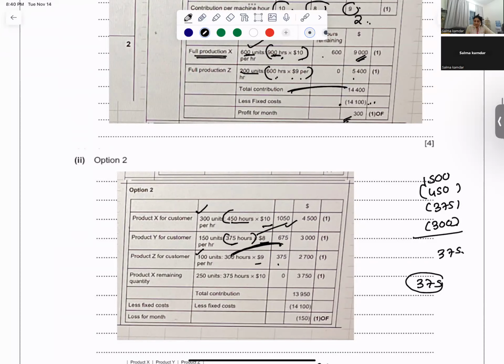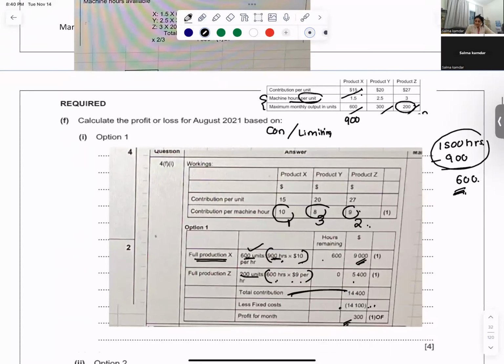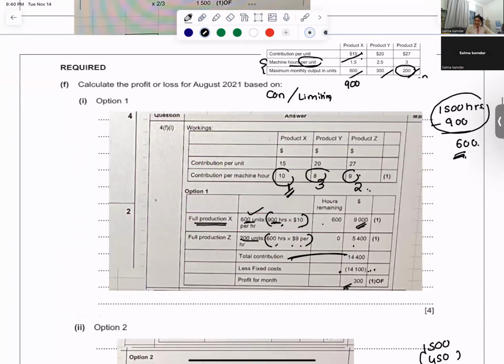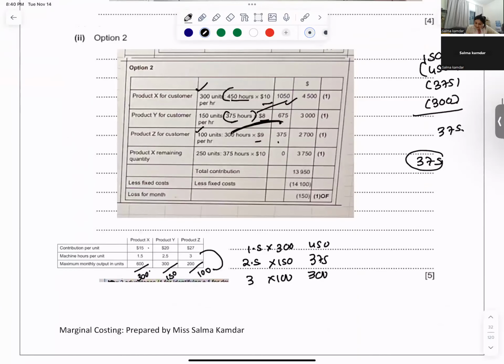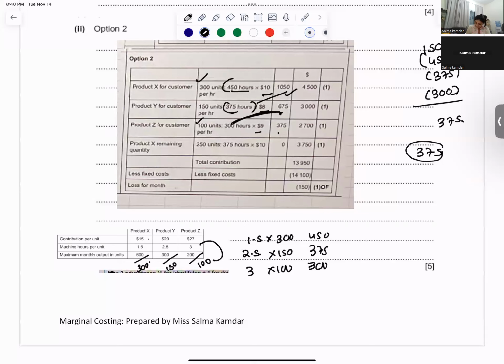Now, which product you will produce first? First preference is given to product X. You have 375 hours remaining. How many units can you produce of product X? 1 unit of product X requires 1.5 hours. So in 375 hours, how many units can you make? You will do 375 divided by 1.5.